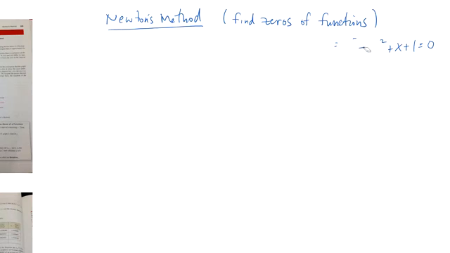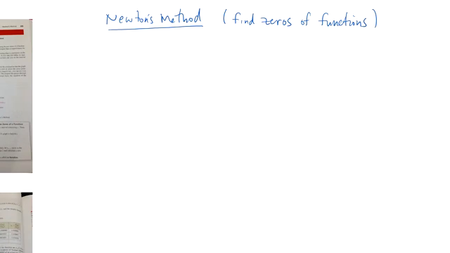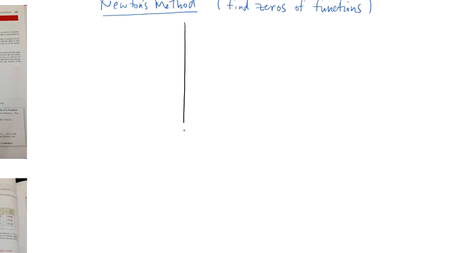So let's look at a function. Set you up here. I've got my graph here. Darken it up a little bit. Okay, so suppose my graph looks like this, and I've got a function.